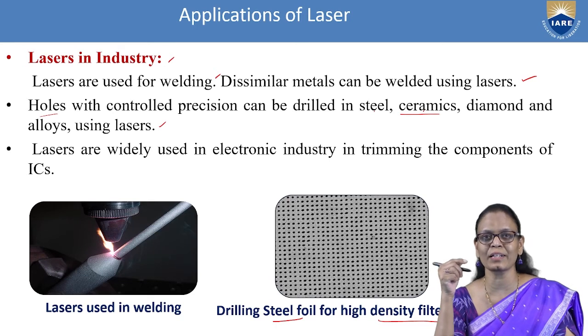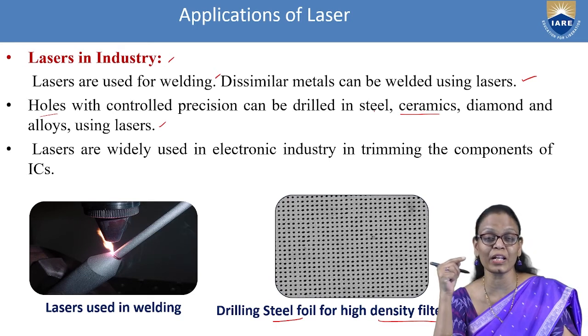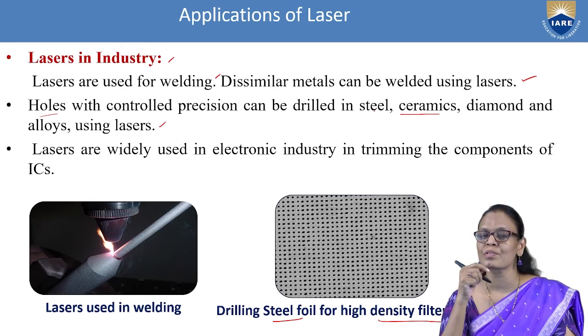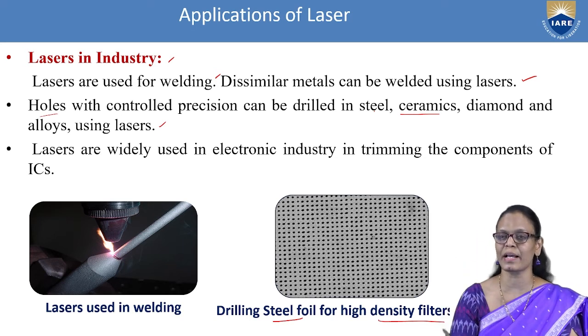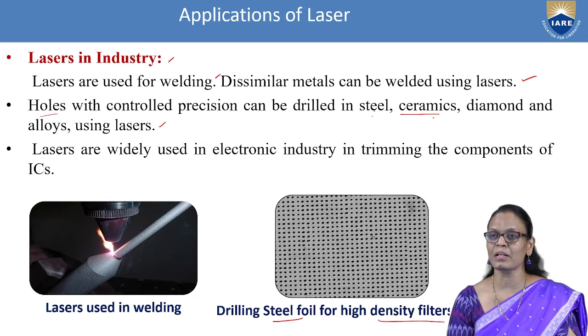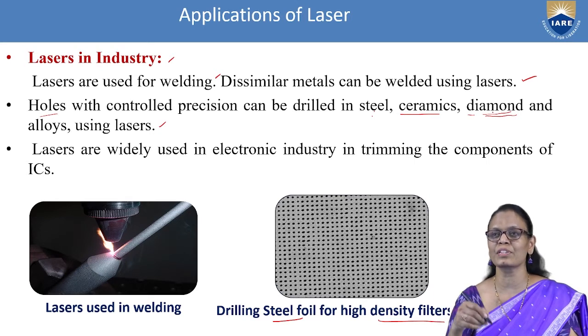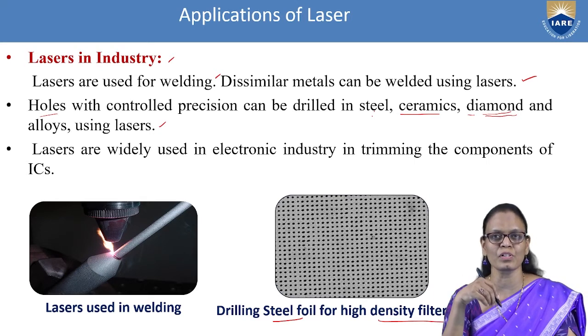And we have seen that laser is unidirectional. It is very sharp and focused. So we can make precise holes in materials like steel, ceramic and diamonds. Diamonds, when they are using it for jewelry, they have to drill holes to make it fit into gold or something.